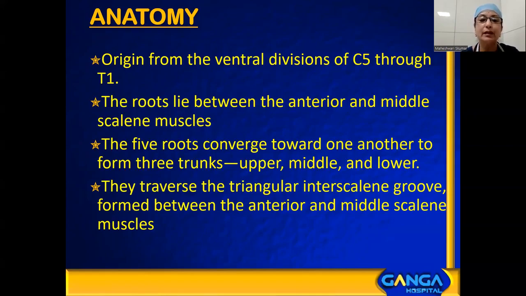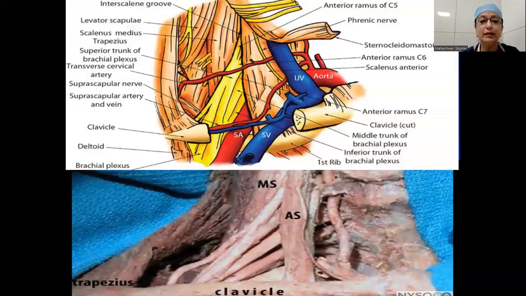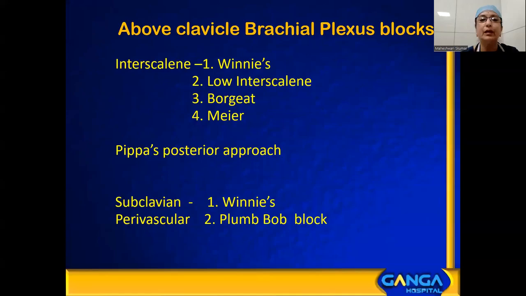These 3 trunks run in the neck between the anterior and middle scalene muscles, and they run laterally and posteriorly over the first rib to enter into the axilla. In this anatomical dissection diagram, we can see the upper, middle, and lower trunk running in the neck between the middle and anterior scalene muscles, crossing over the first rib to enter into the axilla.